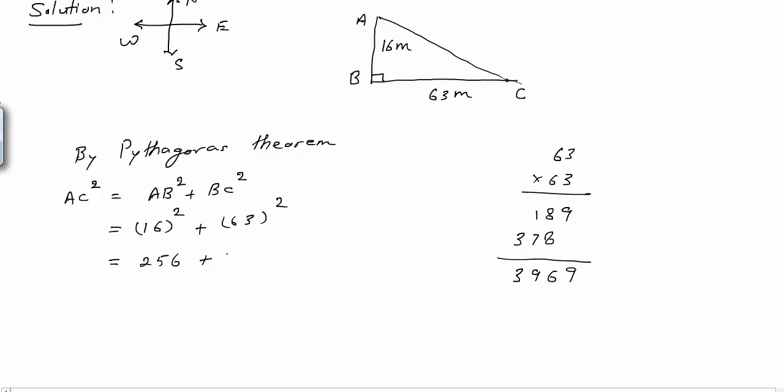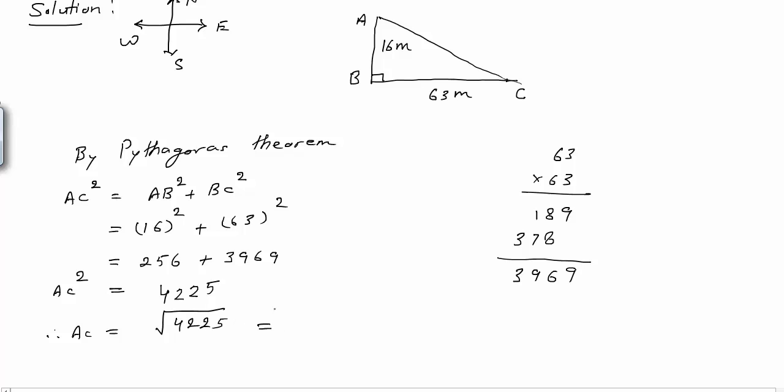The answer I got is 3969, and the result is 256 plus 3969, which is 4225. AC square is 4225. So the square root of this 4225 will give me the value of AC.